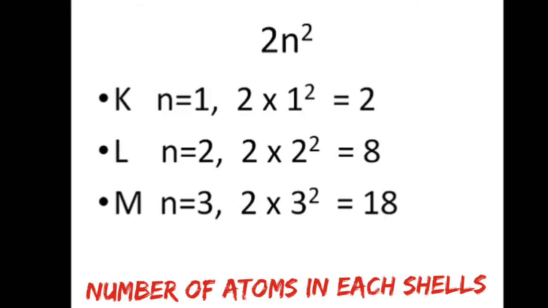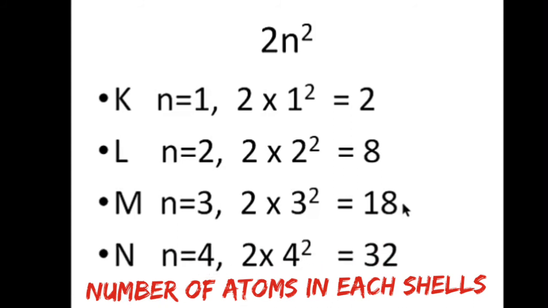For M shell, n equal to 3 and 2 into 3 square equal to 18 electrons will be there in M shell. And then N shell. For N shell, n equal to 4. So 2 into 4 square. 4 square means 16. So 2 into 16. 32 electrons will be there in the N shell.